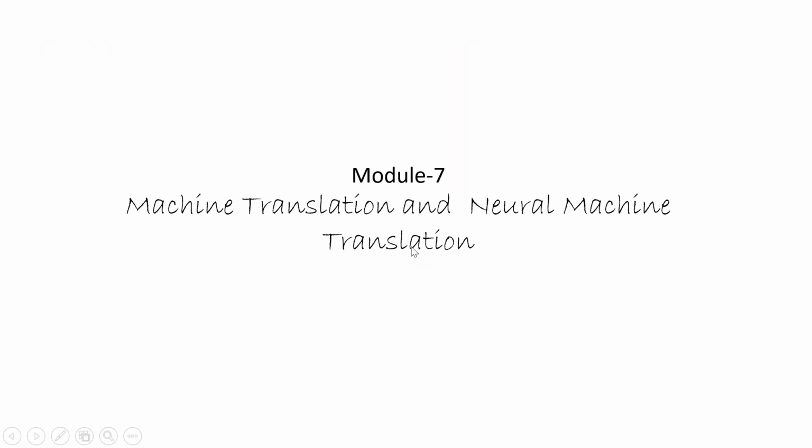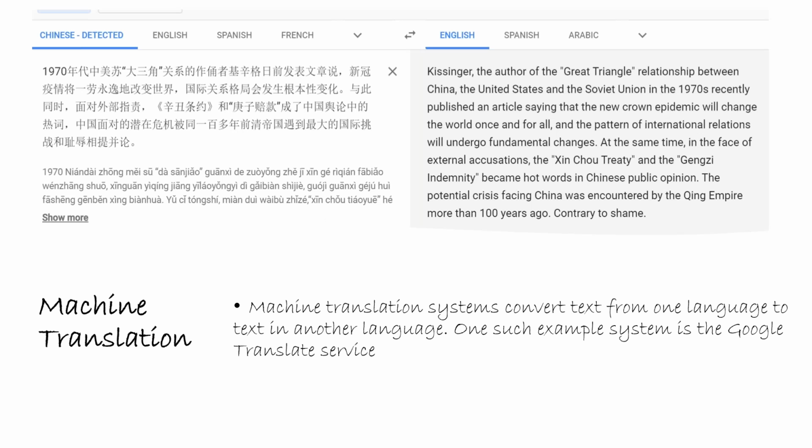So this is a very familiar screen. If you see here, we have Google Translator, right? Where I have a few Chinese characters. We can see here it's the most advanced translation system that has been developed by Google.